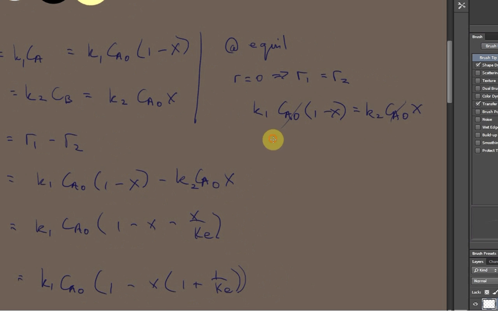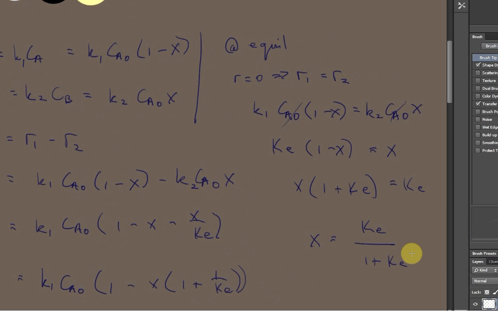So we can write this as Ke times (1 minus X) equals X. Or we could group out the X's and rewrite this as X into 1 plus Ke equal to Ke. So we can say here X equals Ke over 1 plus Ke.